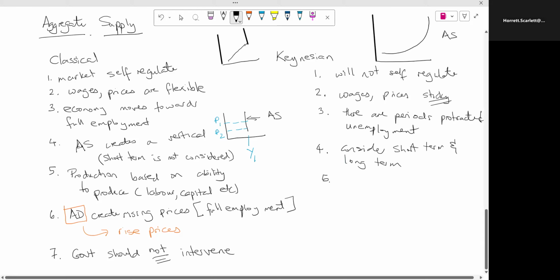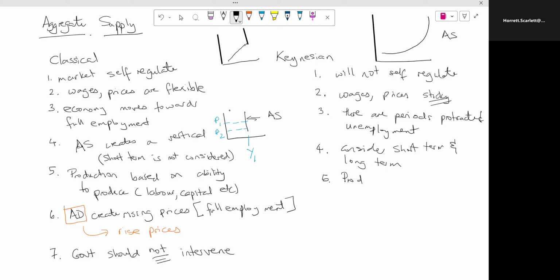Then, whereas classical says that production is based on the ability to produce, he's saying that production is based on aggregate demand. In other words, why should we produce more if people are not demanding more?